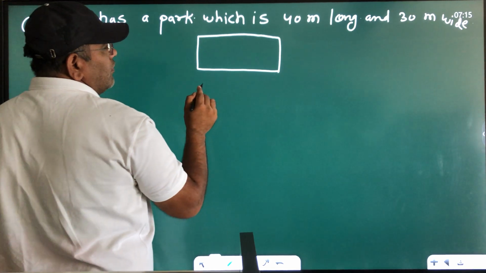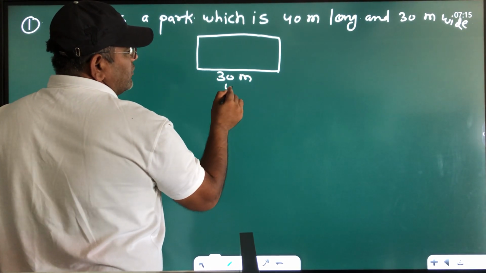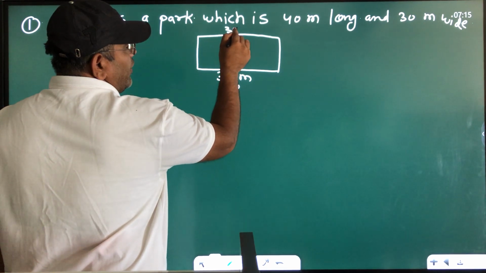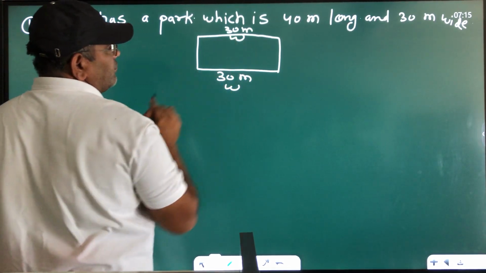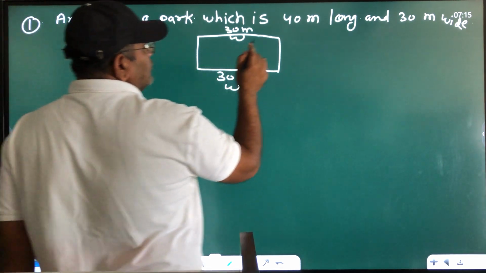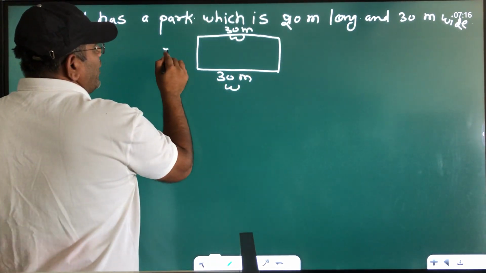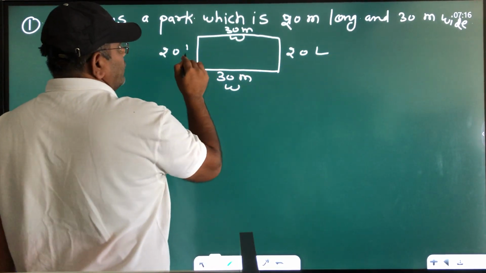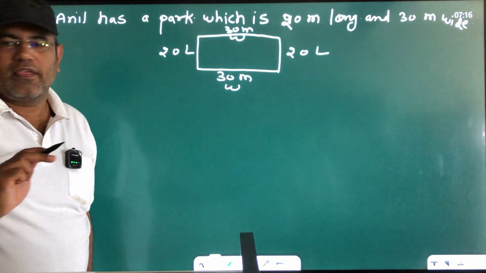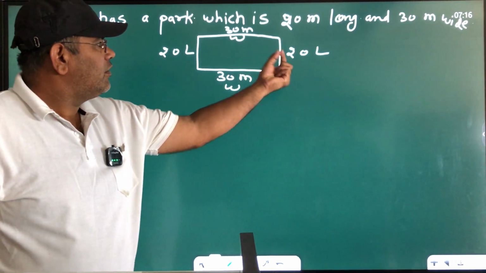Okay? 30 meter wide. This is wide, 30 meter, because this is the width. And I write here 20, sorry, 20 meter long. That's the length. Am I clear? 30 meter wide, 20 meter long.